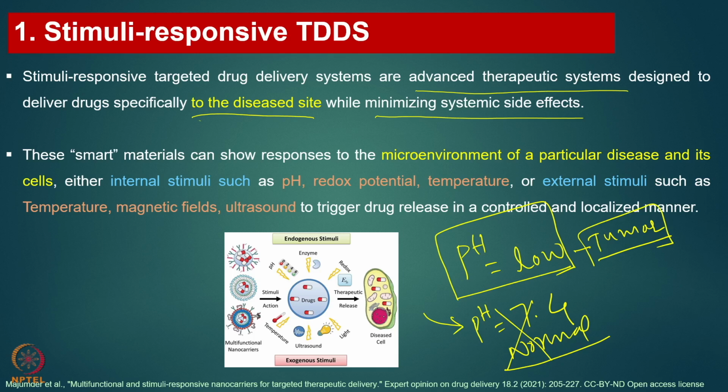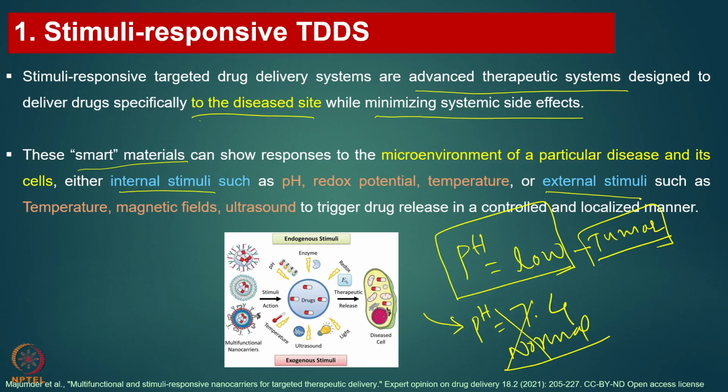Now we can see the other information. These are smart materials that can respond to the microenvironment of a particular disease and its cells, through either internal stimuli or external stimuli.